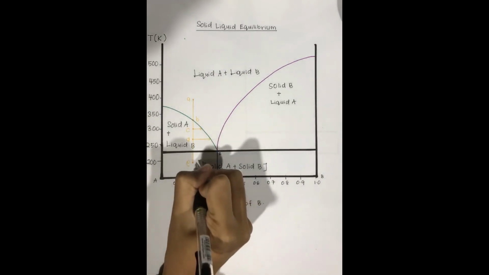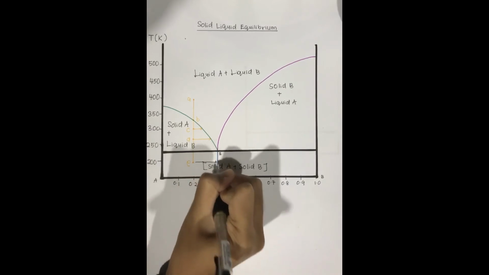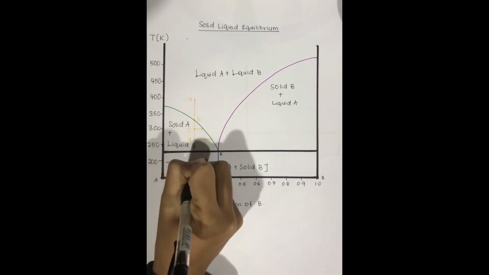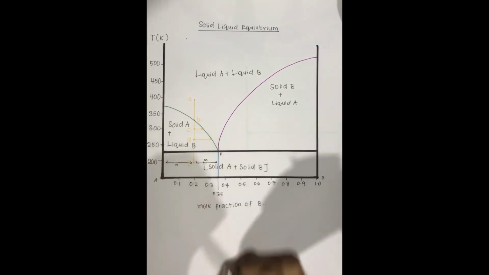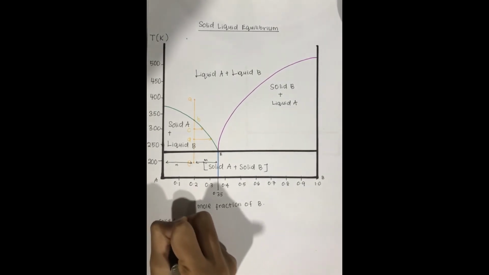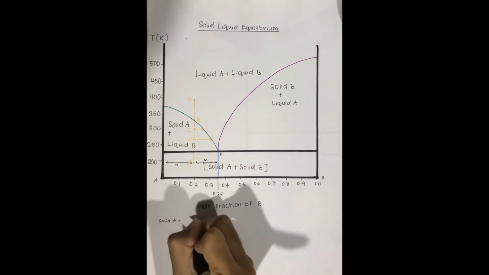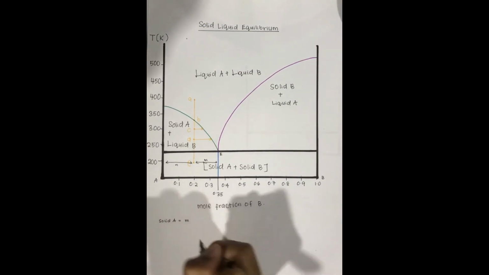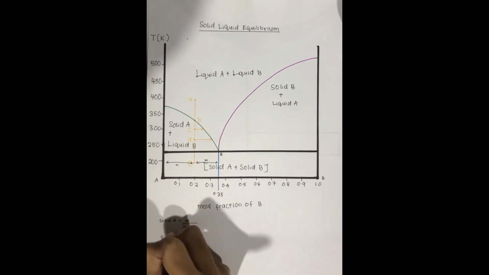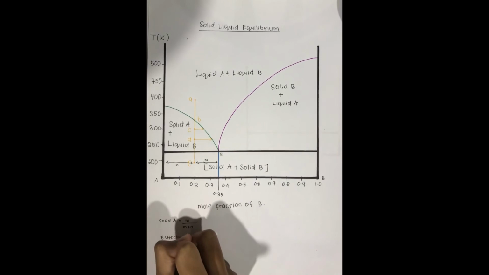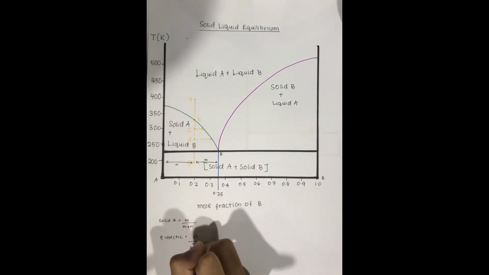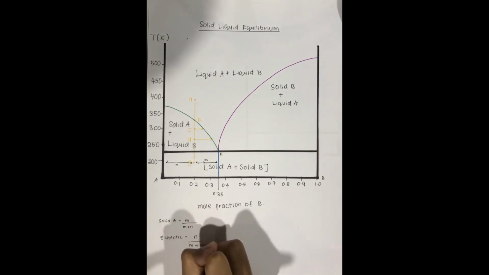First, we label the distance here as M and the distance here as N. To calculate solid A, we take the distance M divided by the total distance, which is M plus N. While for the eutectic, we take the distance N divided by the total distance M plus N.